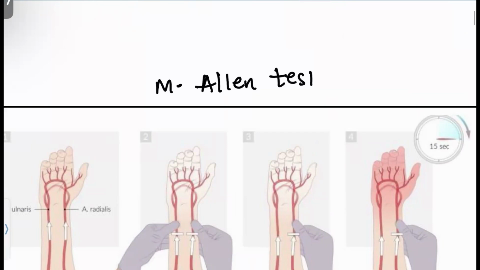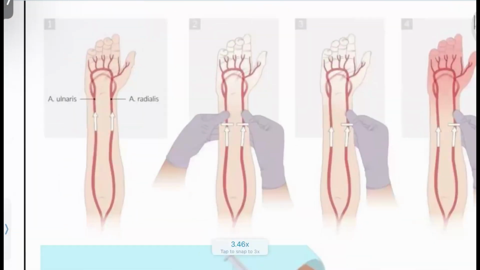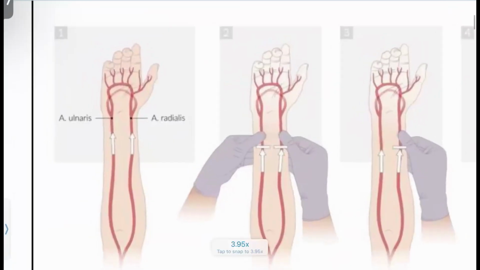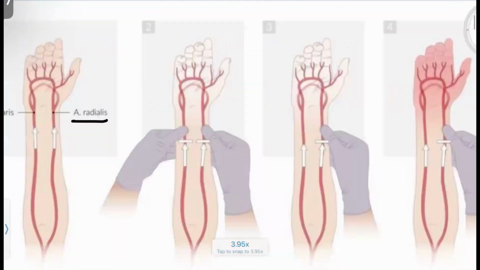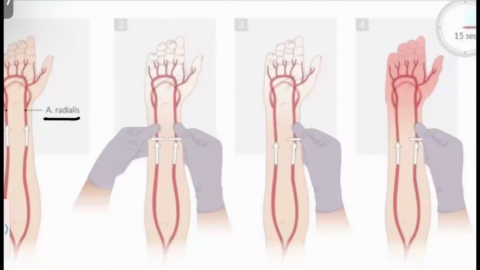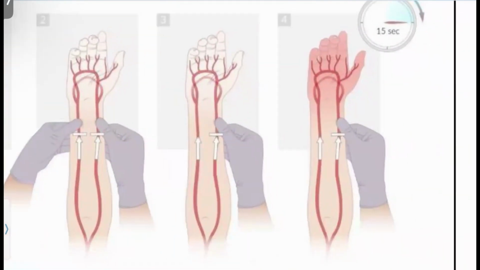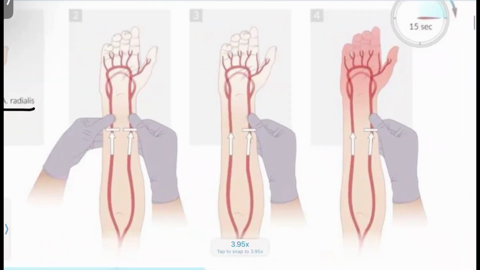What are we going to do in this modified Allen test? Please look at these images. The first thing you have to do, when you are going to take the sample from your radial artery, is occlude both arteries: one is your ulnar artery and the other one is your radial artery. Occlude both and check whether the circulation to your digits, your distal hand, is completely blocked and turns pale.